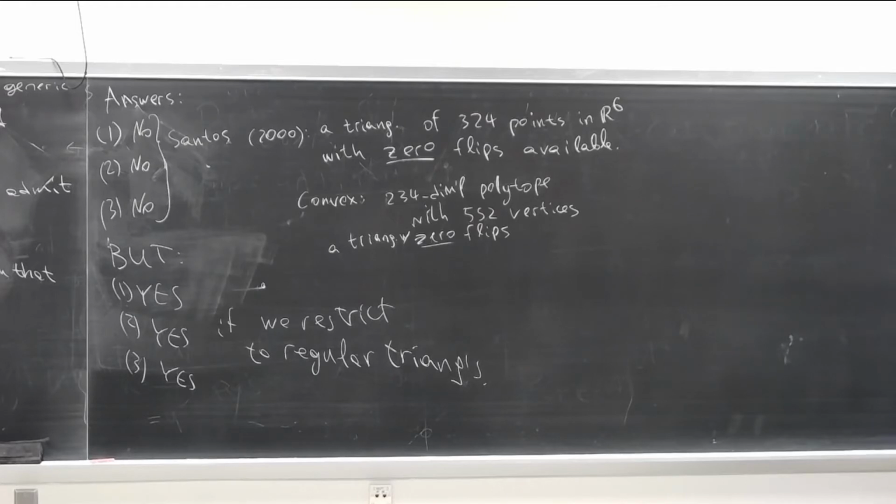For each point, you choose a height to which you lift your point. Now, if you vary these heights generically, then it's easy to show that you're only going to apply a sequence of flips. If they change generically, then all that happens to your triangulations is just a bunch of flips. In that sense, the answer to question one is pretty easy.